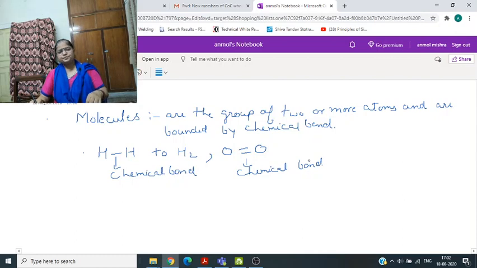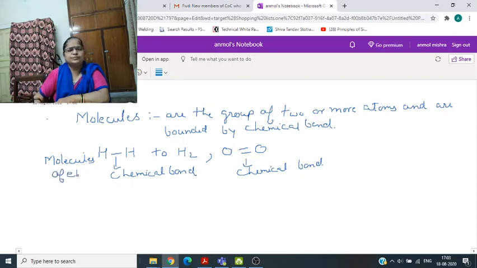Now, when the atoms of an element combine to form a molecule, they form molecules of elements.